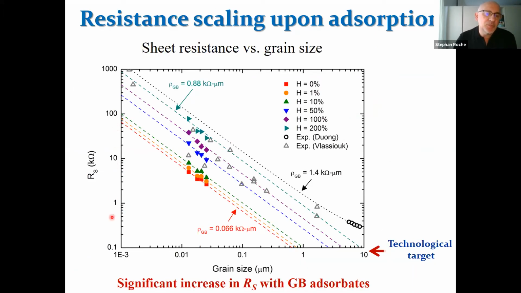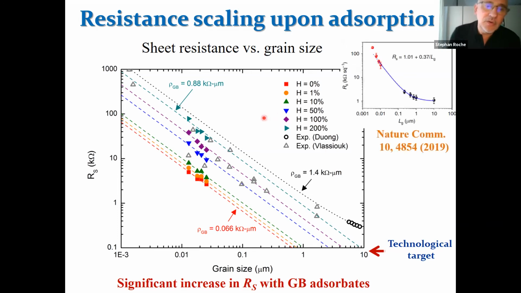What is interesting also is to plot the sheet resistance as a function of grain size, and you see that there is a reduction of the sheet resistance when you have a larger and larger grain size, which is kind of natural, but the chemical contamination of the grain boundary can increase the sheet resistance quite substantially. So this scaling law is something that has been measured by some Chinese group a couple of years ago. So it reproduced quite well the trend that we extract from the simulation.